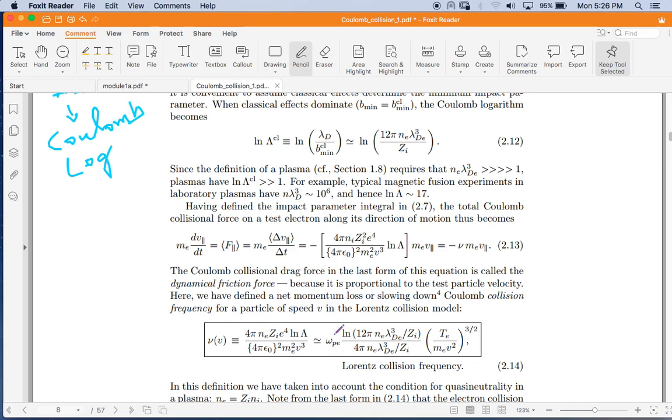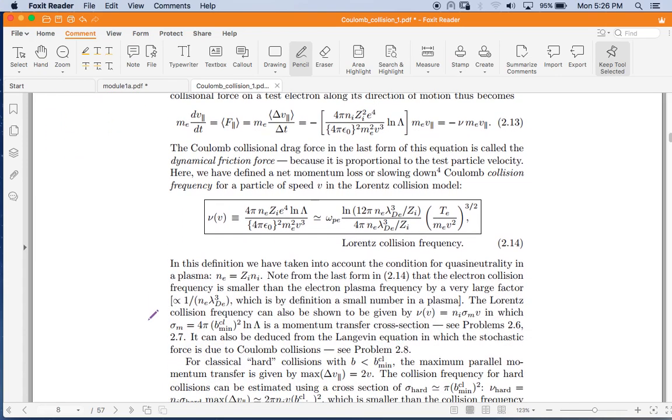Now the interesting thing to note is that the larger the Coulomb logarithm, the larger the average F parallel. In other words, the better screened the plasma, the more the F parallel.